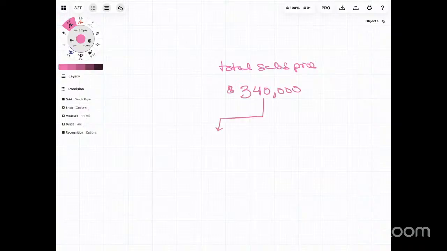Part of that is going to be a loan, and part of that is going to be a down payment. Well, the down payment was for $51,000. And the loan was, we didn't know, but we did figure it out.